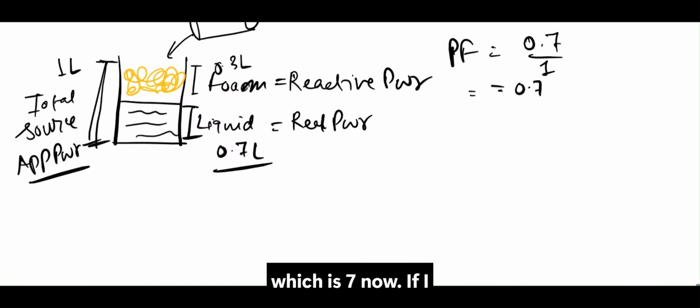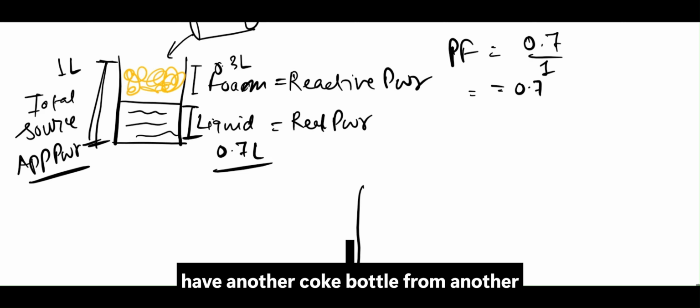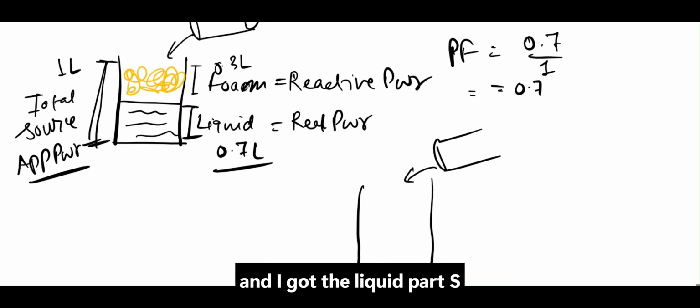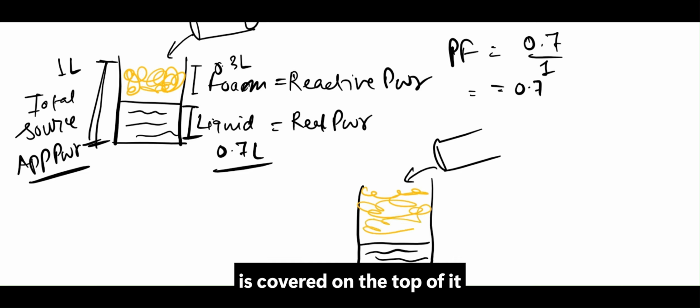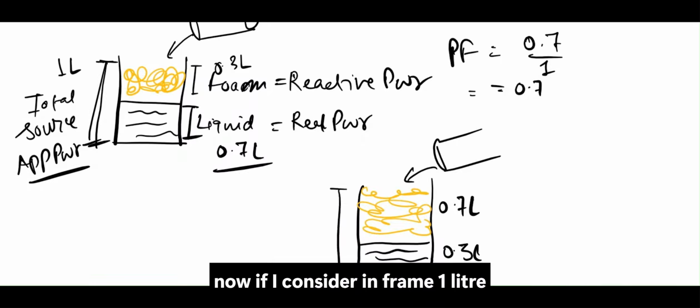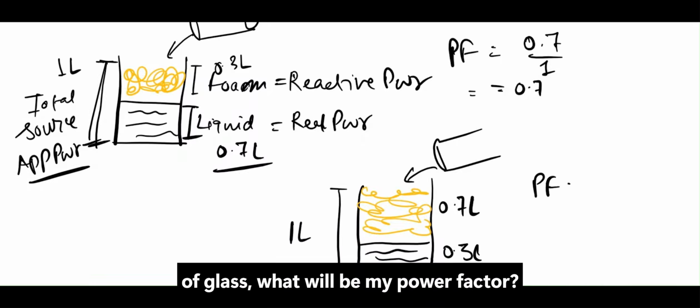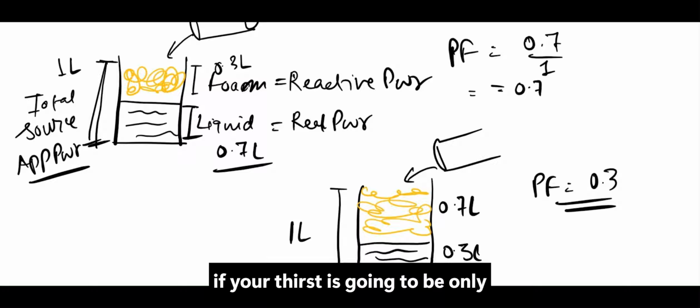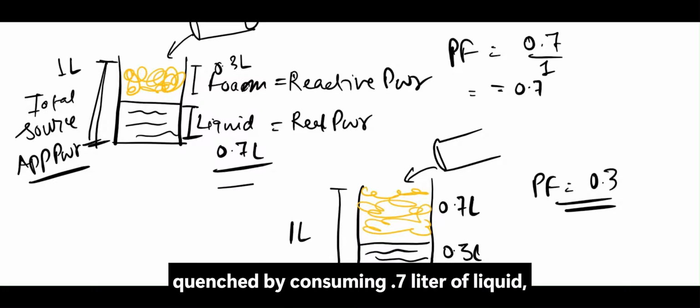Now if I have another coke bottle from another brand, I pour it into the glass, and I get the liquid part as 0.3 liter, and the rest on the top of it will be foam, right? So now in the same 1 liter glass, what will be my power factor? It will be 0.3.